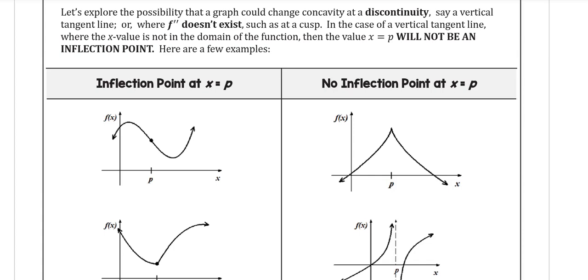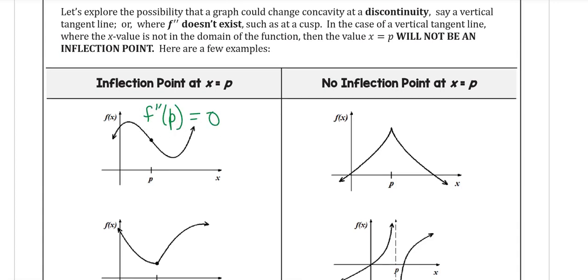Looking at these graphs, what we have here at p is definitely an inflection point, because f double prime of p is going to equal 0.